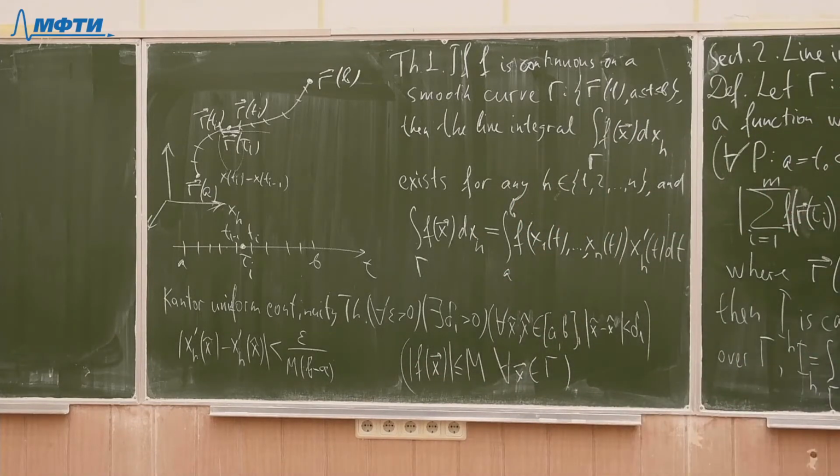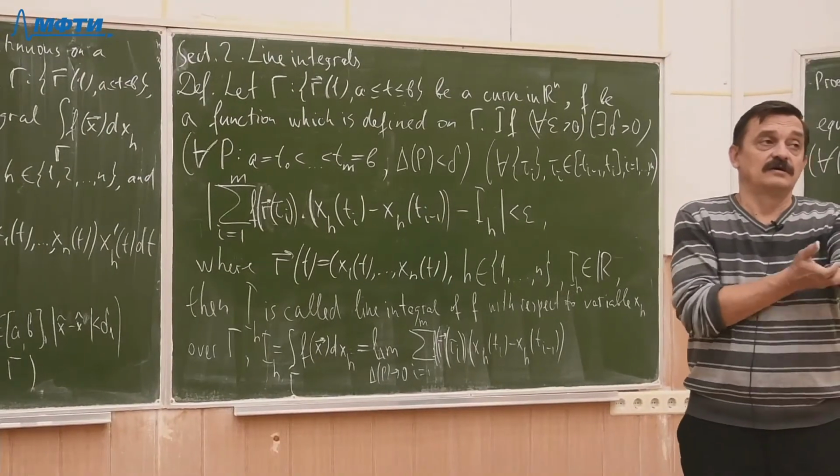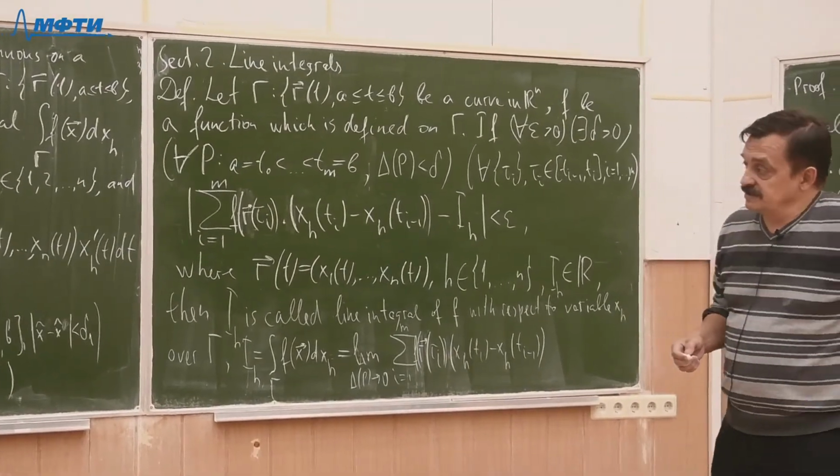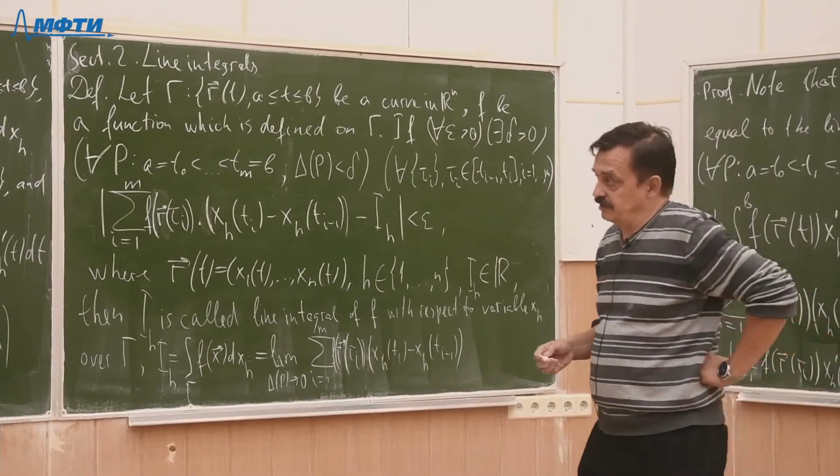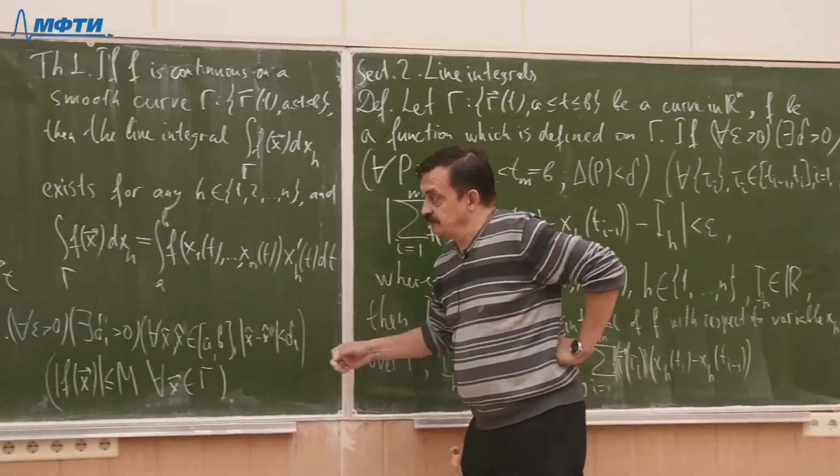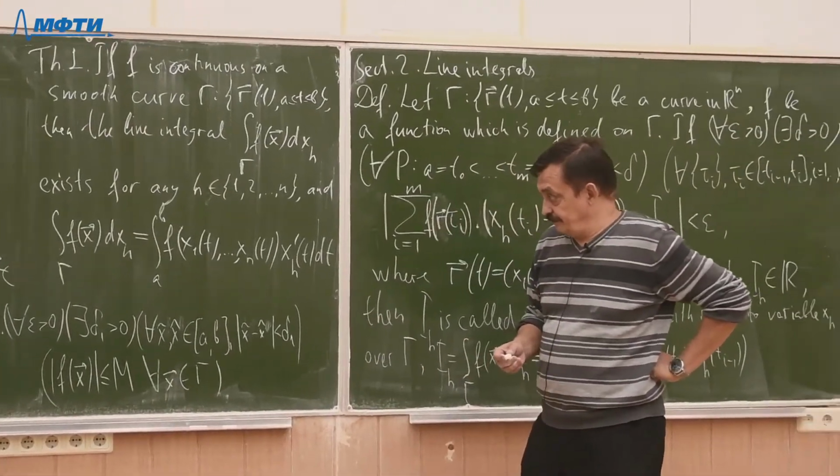So f is continuous on a compact set, hence it is bounded, and we apply the Cantor uniform continuity theorem.